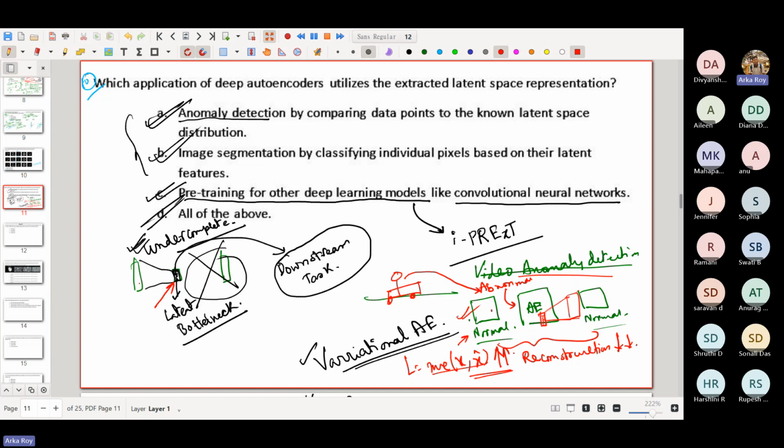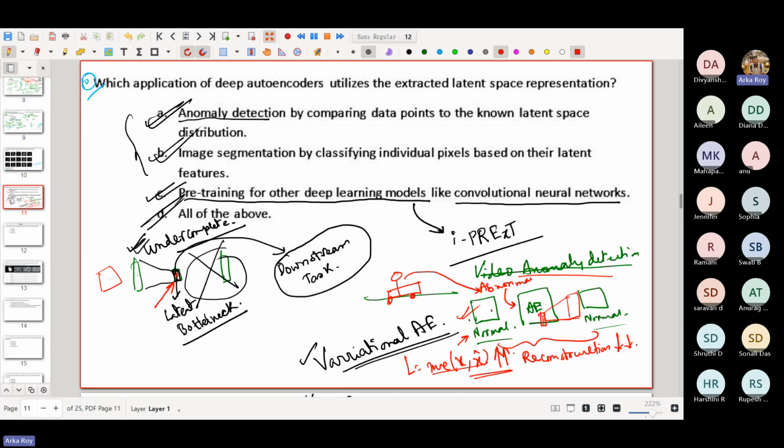The main funda is that as you are training the model using normal data, your model is extracting very good features for the normal case, and it can reconstruct back very nicely those normal cases. Now, if you feed abnormal data, your model has not seen any abnormal data. In the latent space, it will extract garbage features and it will try to reconstruct it back using those garbage features.